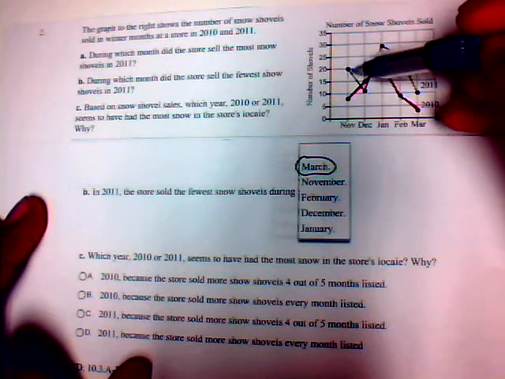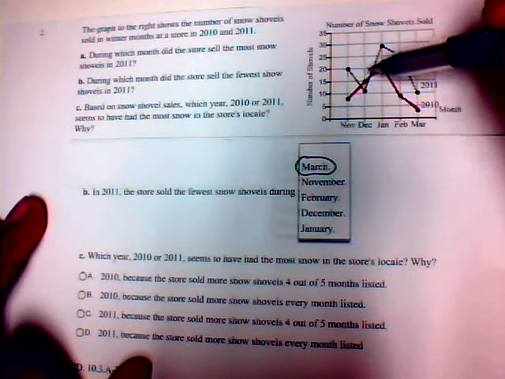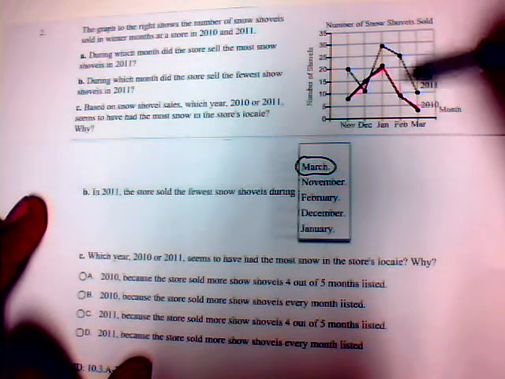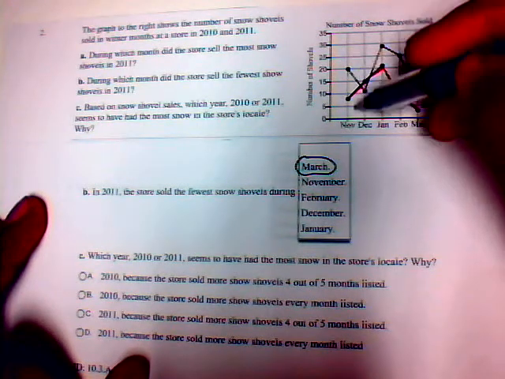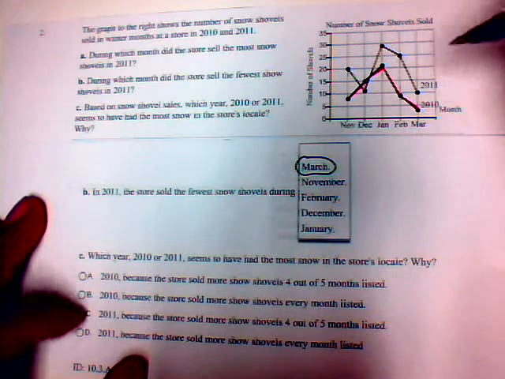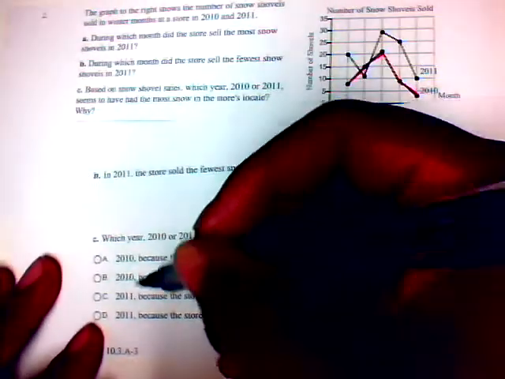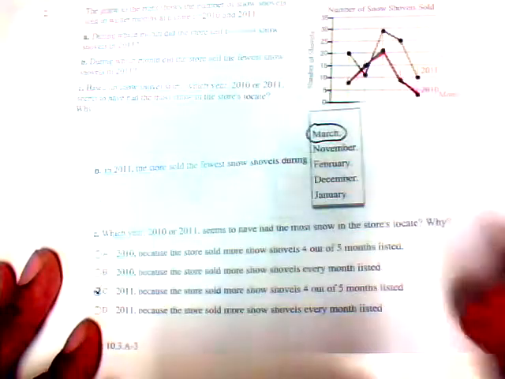Like in November of 2011, they sold more than the same month last year in 2010. In January, it's the same. In February, it's the same. And March, it's the same. Those months where that store sold more snow shovels in 2011 than they did at those same months in 2010. So in this case, that answer choice would be C.